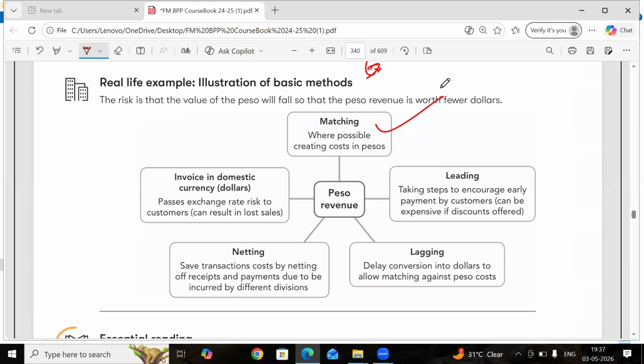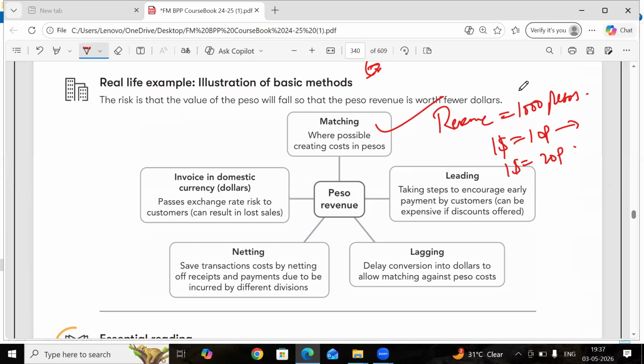See, let's say you are supposed to get revenue of 1,000 pesos. Exchange rate today, $1 is equal to 10 pesos. Later, $1 is equal to 20 pesos.